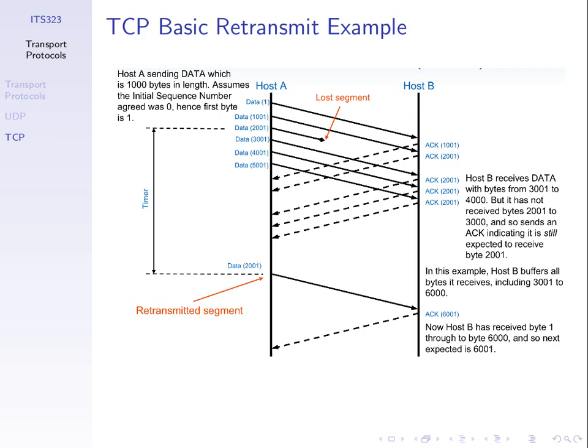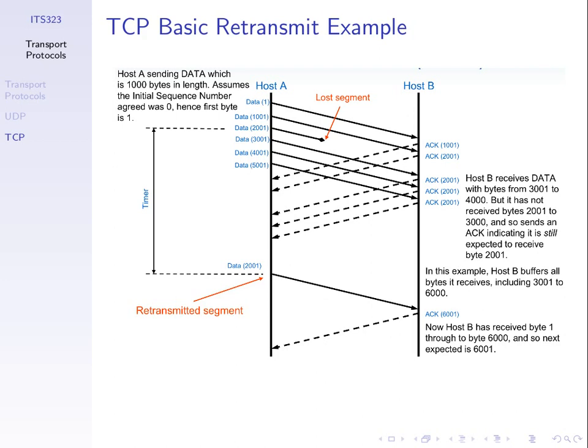Now B can send back an ACK indicating it's successfully received all 6 segments, indicating ACK number 6001. B received the first 2 segments, then segments 4, 5, and 6. It was missing segment 3, but then segment 3 is retransmitted.